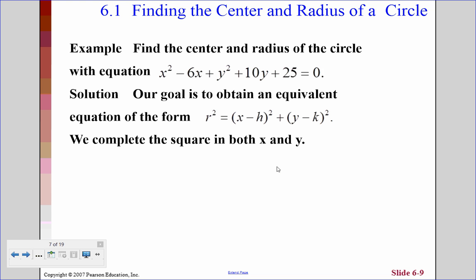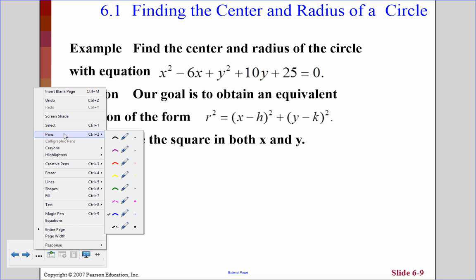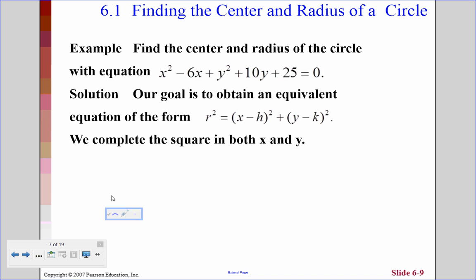Okay, so to do that, first off, we need to isolate the x and y variables in this equation. Okay, so I'm going to try my little pen thing here. And to do that, I'm going to put x squared minus 6x.